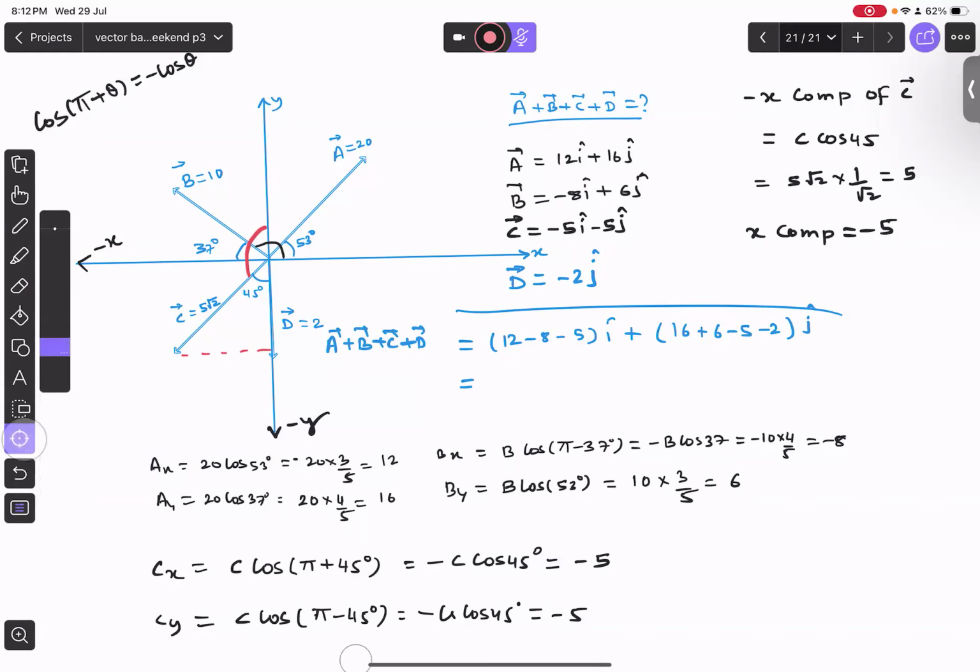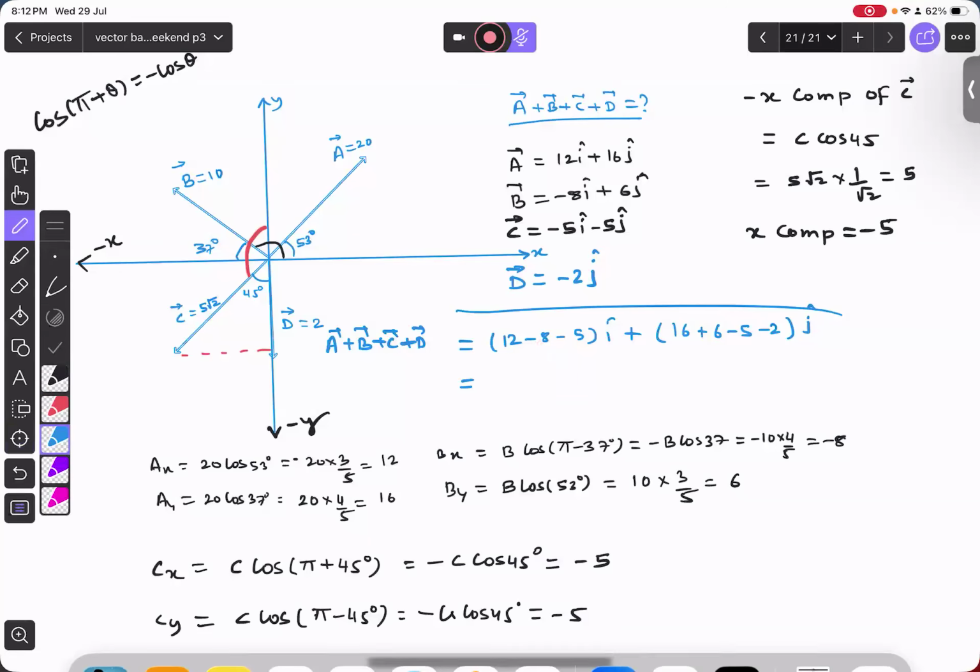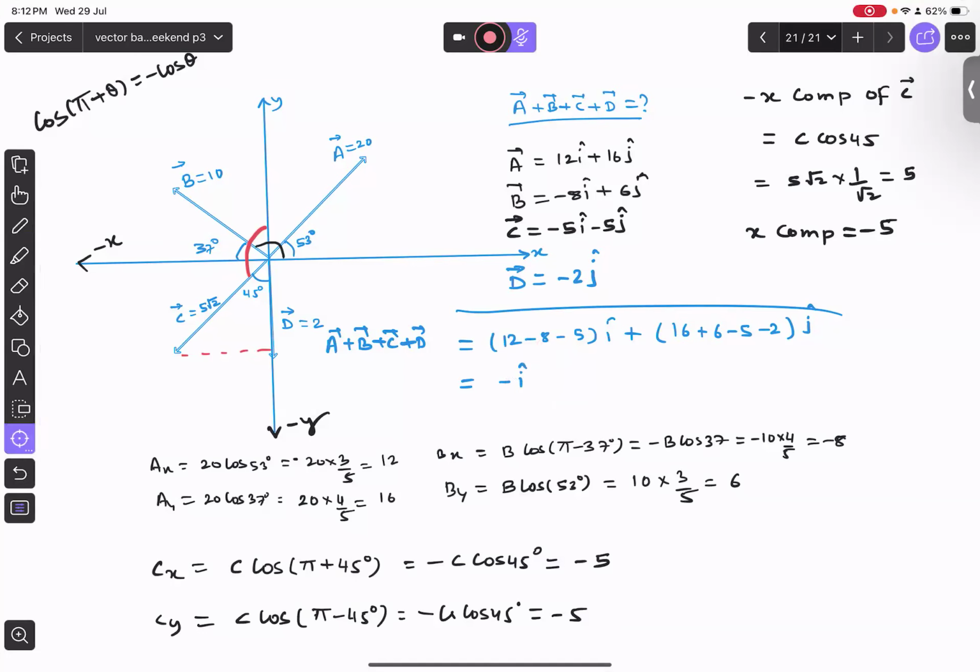12 minus 8, how much is it? Minus i cap. And this will be 12 plus 6 minus 5 minus 2. So 6 minus 5 is 1, 1 minus 2 is minus 1. Hmm, the y components are 16 plus 6 minus 5 minus 2, so 15 j cap. So the sum of A plus B plus C plus D is equal to minus i cap plus 15 j cap.